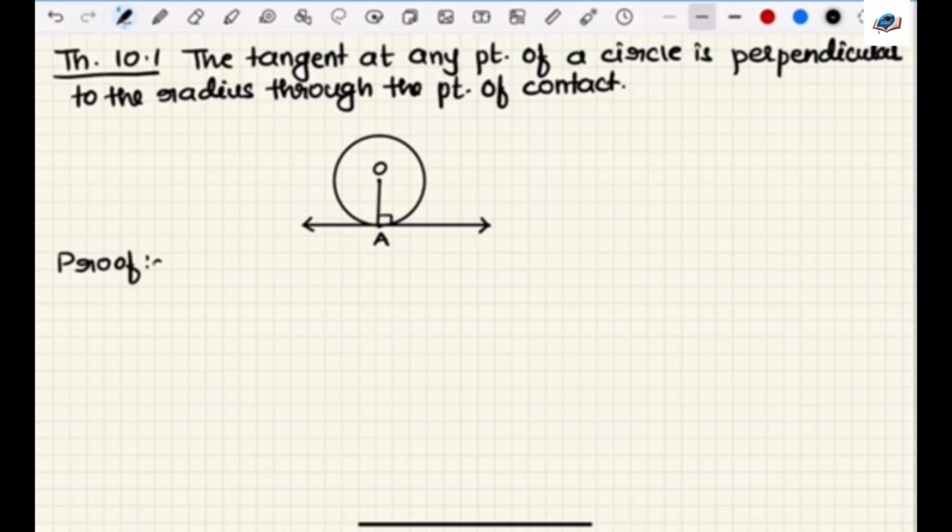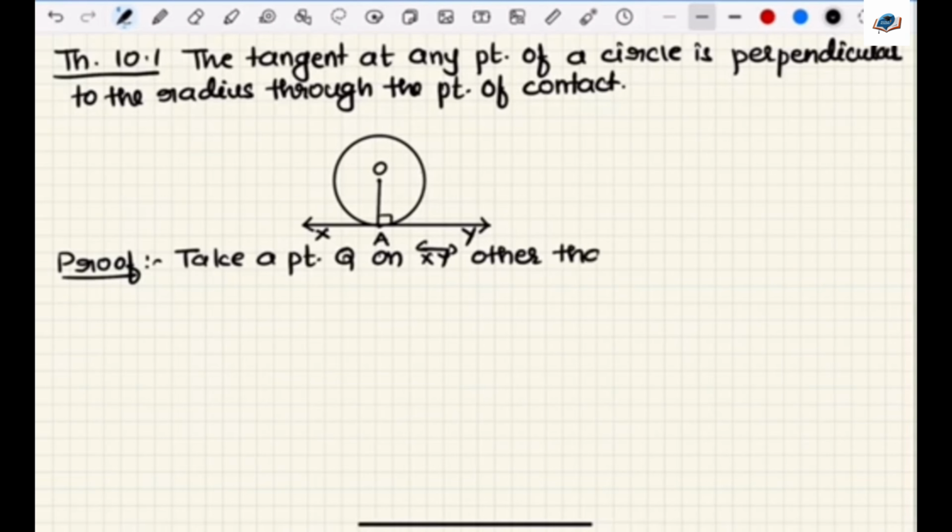Proof: take a point Q on this line, which I call XY, other than A, and join OQ.